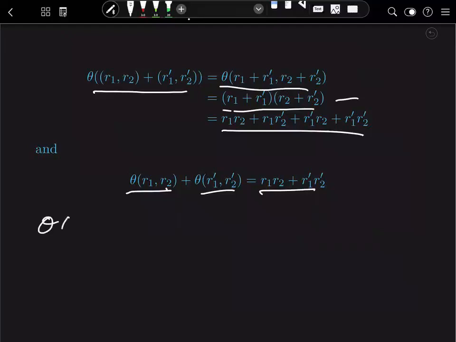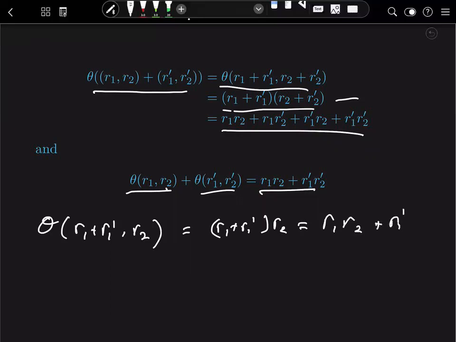If we have theta of r1 plus r1 prime comma r2, so if we look at adding things in the first factor, that's going to be r1 plus r1 prime times r2, which is equal to r1 r2 plus r1 prime r2. That's going to be theta of r1 r2 plus theta of r1 prime r2.